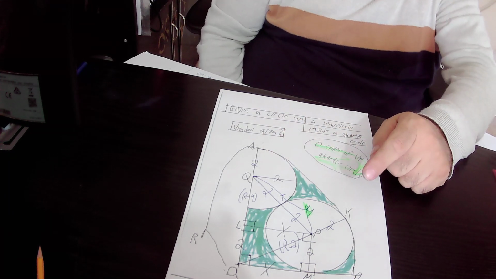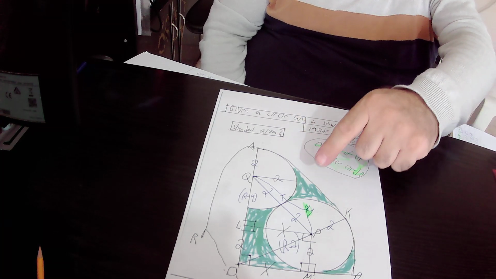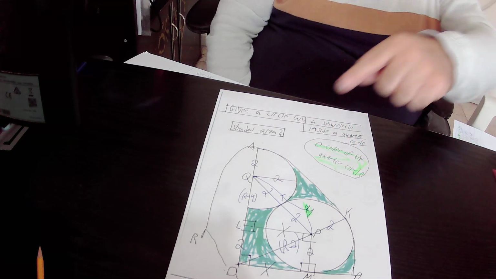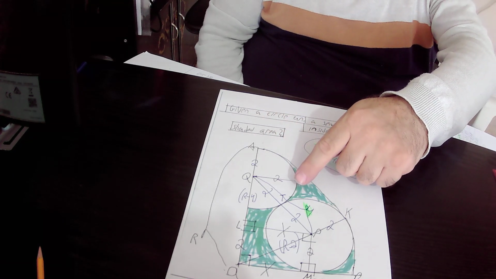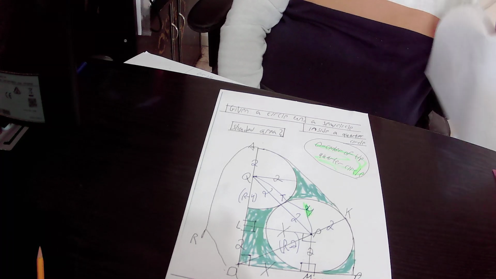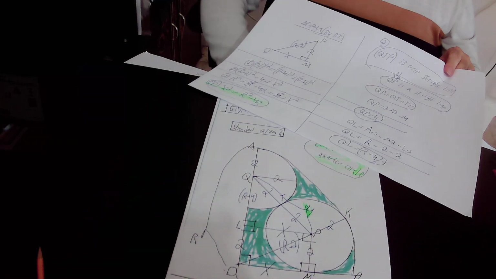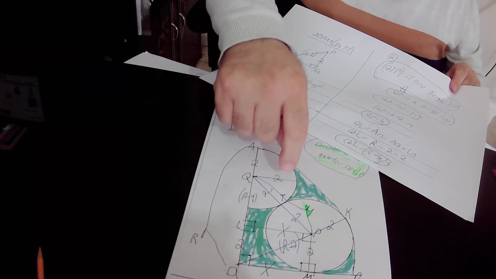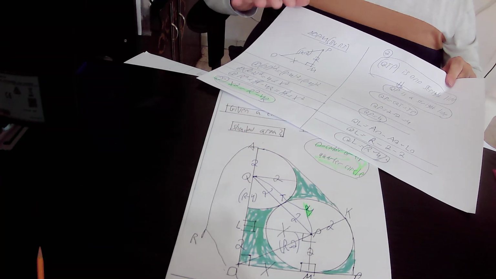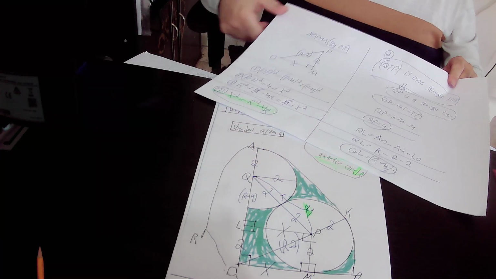According to the rule that I mentioned, the straight line QP must pass through their touching point, that is to say, point T. So if QP must pass through point T, it means that QTP is one straight line, or you can also say that points Q, T, and P are all located on the same straight line.